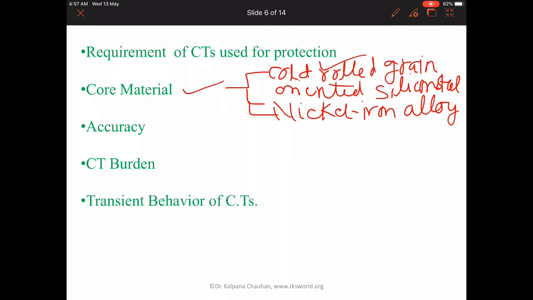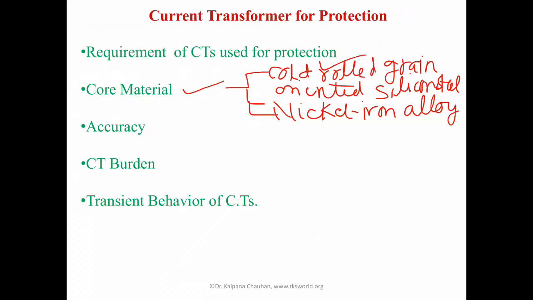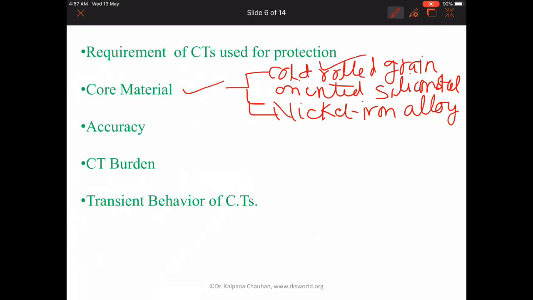Second important thing is accuracy. The accuracy of a current transformer is expressed in terms of the departure of its ratio from its true ratio.